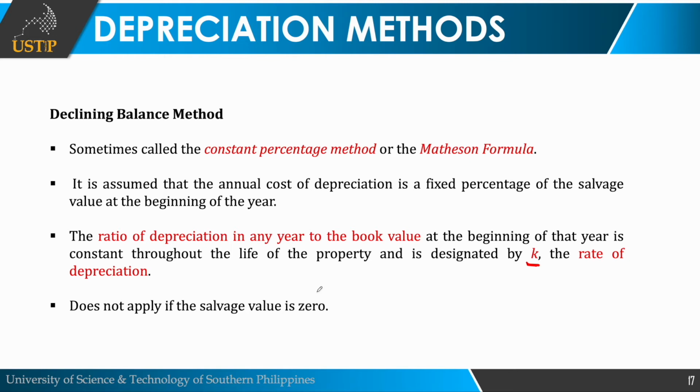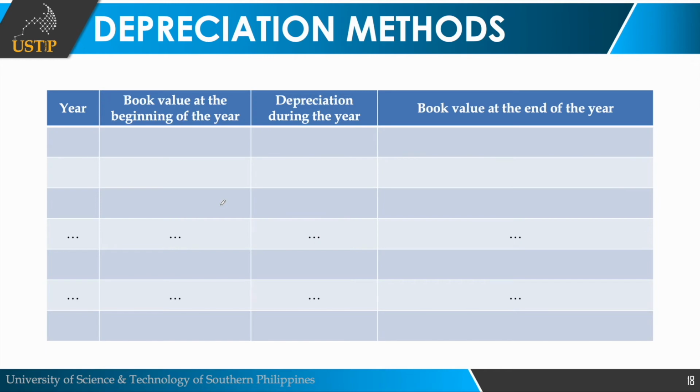Now we will derive the formula for declining balance, based on its definition that the annual cost of depreciation is a fixed percentage of the salvage value at the beginning of the year. Okay, so let's tabulate. We assume that in year 1, the book value at the beginning of the year is, of course, equal to the original cost.